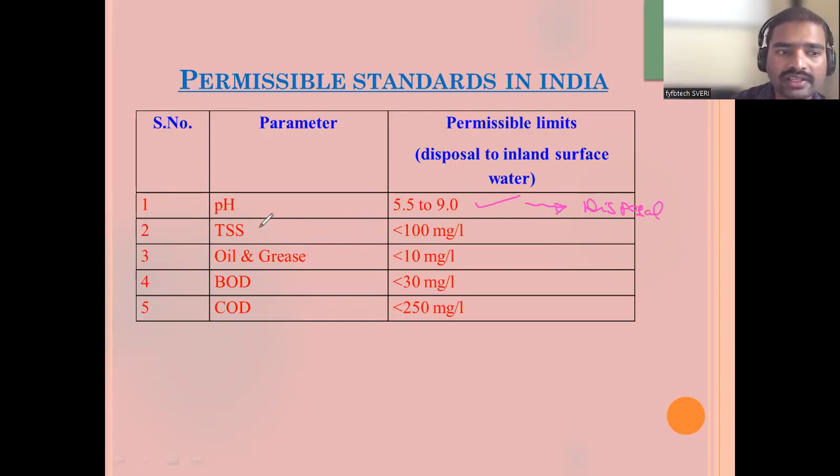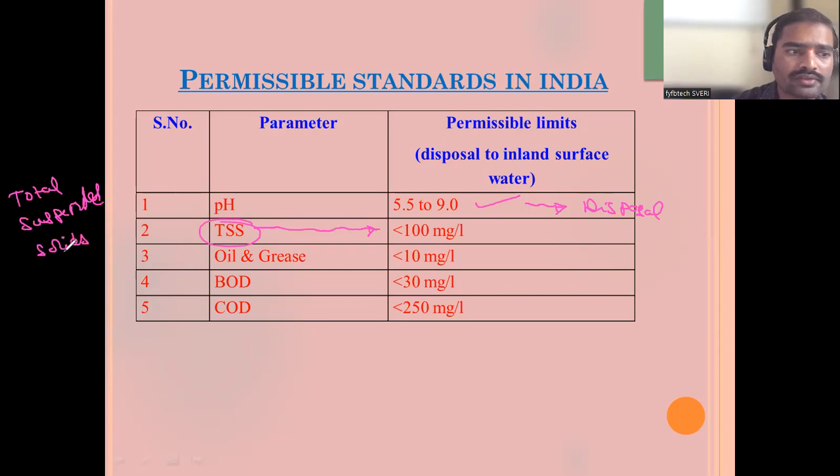Then what is TSS? Total suspended solids. TSS should be less than 500 milligram per liter. Oil and grease should be less than 10 milligram per liter.